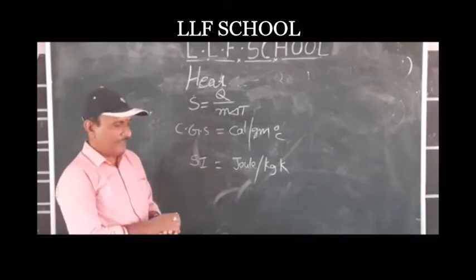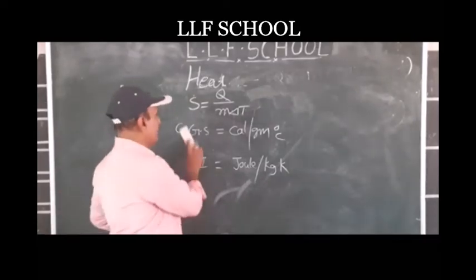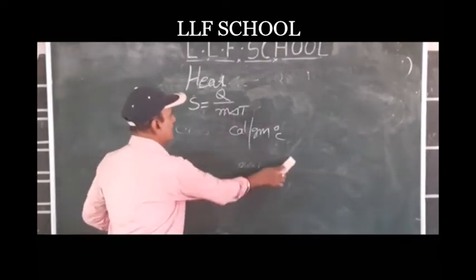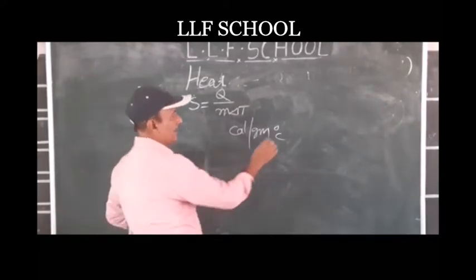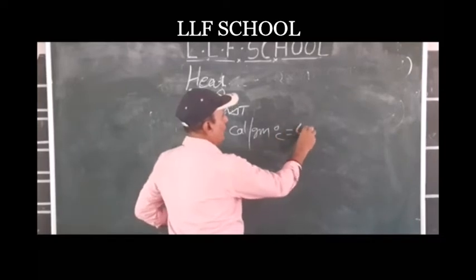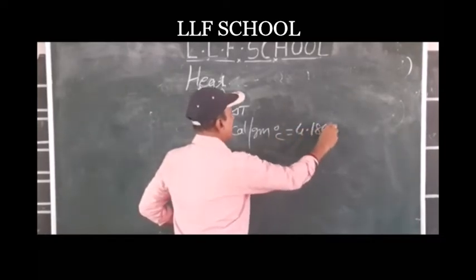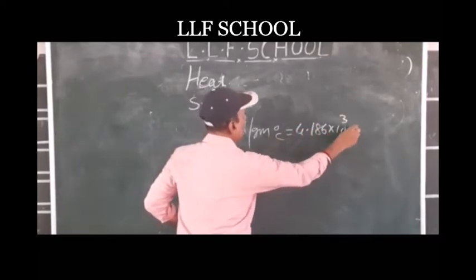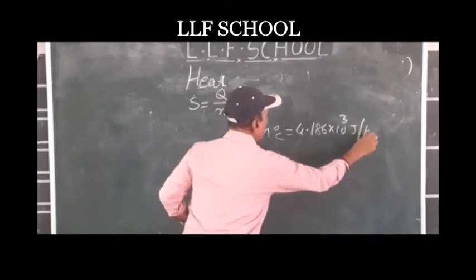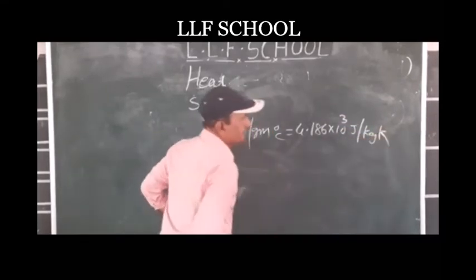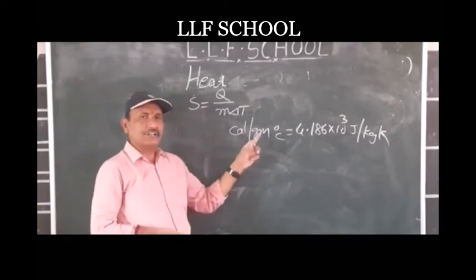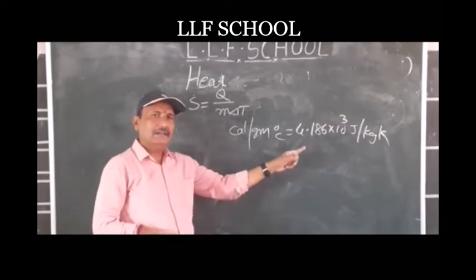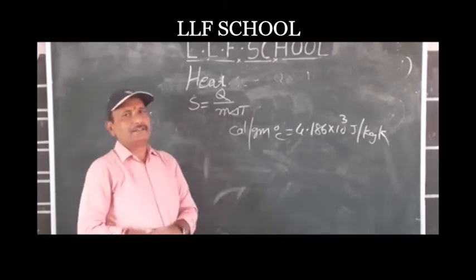The relation between the CGS unit of specific heat and the SI unit of specific heat is 1 calorie per gram degree centigrade equal to 4.186 into 10 cube joule per kg Kelvin.